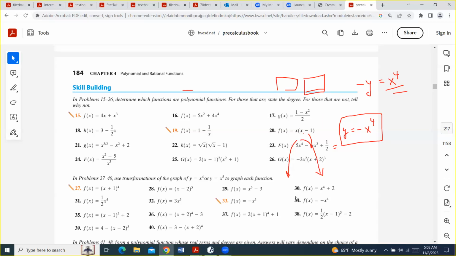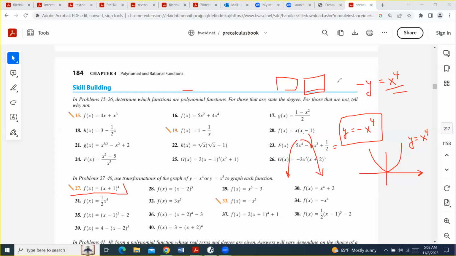So for example, in exercise number 27, I have the (x plus 1) to the 4th power function. So it looks like what we just considered, the way the graph of the 4th power function, x to the power of 4, looks, just like our favorite parabola x squared.